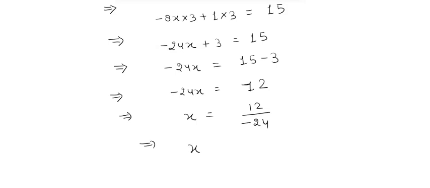So x is equal to 12 ones are 12, 12 twos are 24. So we will get minus 1 by 2.